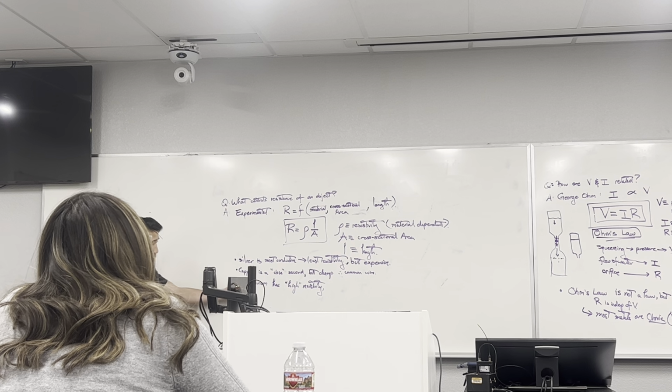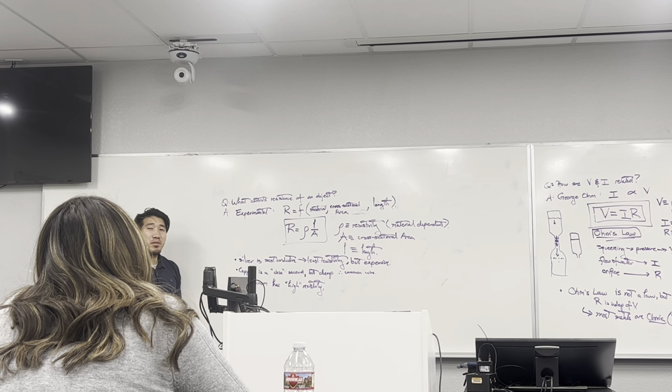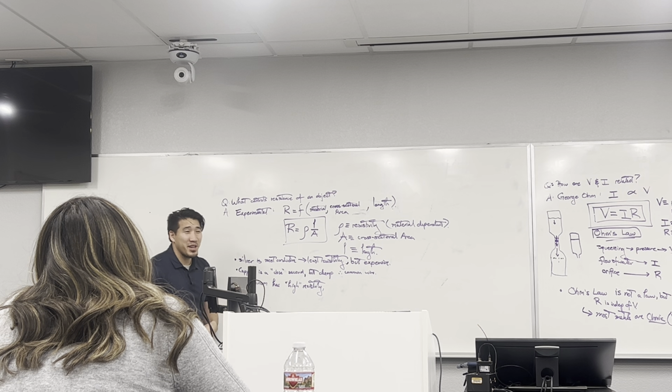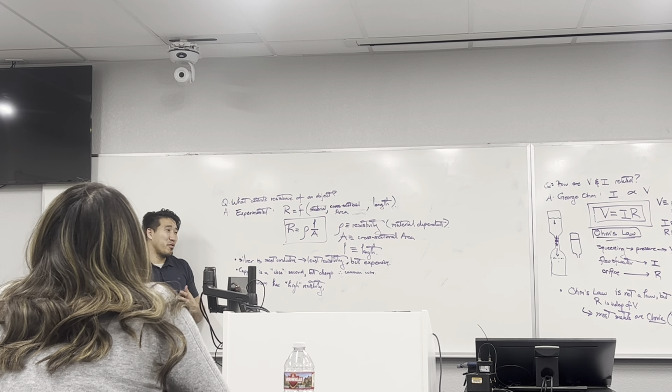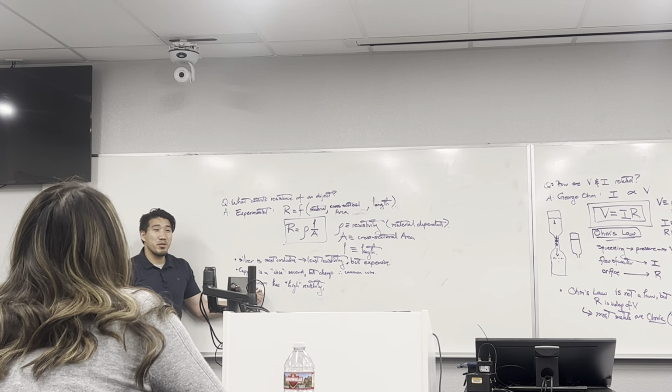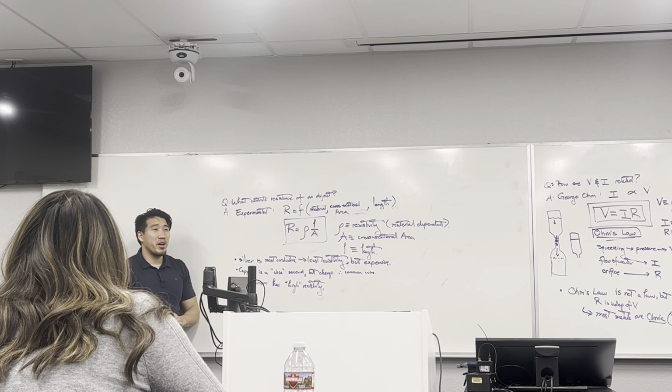Why do you think aluminum might be used? Super cheap. No. I think it's comparable to copper, but that's... Oh, by the way, it has high resistivity, so it leads to fires more often. It leads to a lot of other issues. But still, people use it. Why do you think that might be the case?